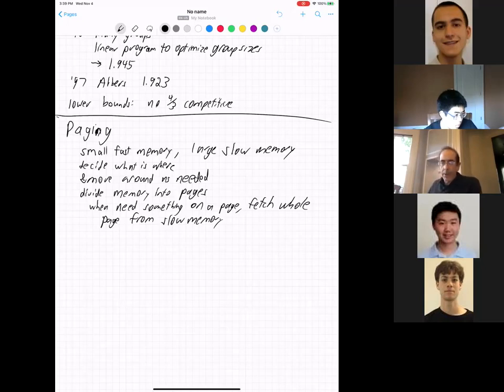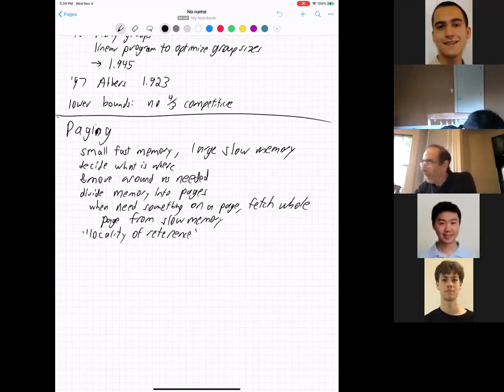So for example, with disks, the page size will often be several kilobytes or possibly even several megabytes. So even if you're just accessing 1 byte from the disk, it will haul in kilobytes and kilobytes of data, because doing that is no slower than just getting 1 byte of data from the disk. And the hope is that you can rely on locality of reference, right? That if you're going to be accessing one thing from this page, you'll probably be accessing other things as well. All right.